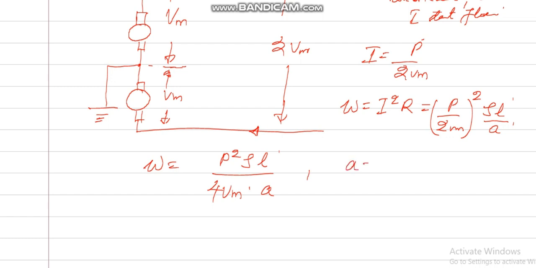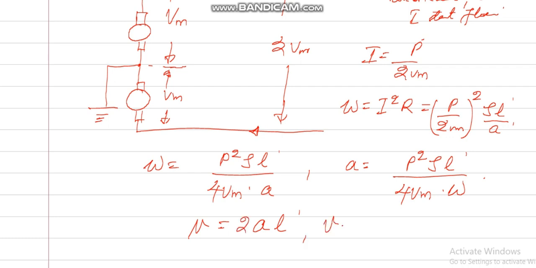Now ukimake A the subject, napata A equals P squared resistivity rho times length over 4 Vm squared times W. Okay, unajua kabisa volume of conductor material is given by area times length. Kwa vile ni two conductors, we add 2 here, multiply by 2, kwa hiyo volume itakuwa twice times area times length.